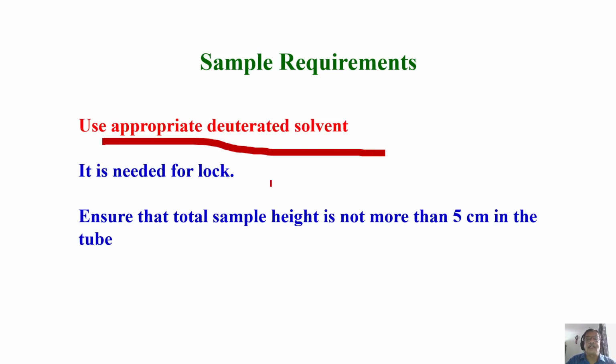Why do I require deuterated solvents? It is because I have to use the lock. The lock is something I am going to tell you in the next couple of slides. It is to ensure that the field is not drifting. You know what happens if the field starts drifting? Inhomogeneity will come in, because every time you send one pulse, the nuclear spins of the sample see one magnetic field.